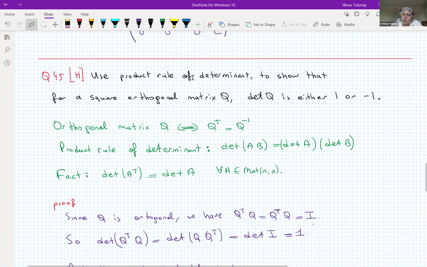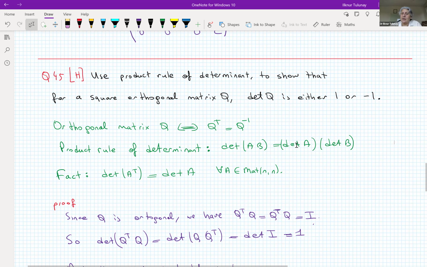Now, what was the product rule of determinant? The product rule of determinant is: determinant of AB is equal to determinant of A times determinant of B. Of course, when I'm talking about this, these are n by n square matrices. As you know, we cannot multiply all matrices together.